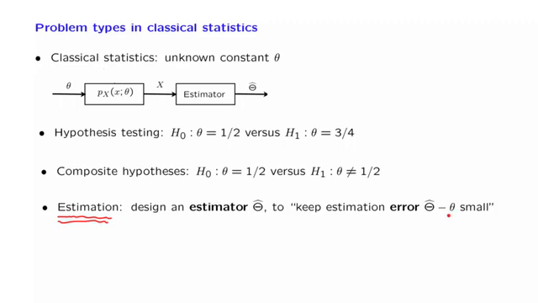Well, one may need a criterion of what it means to be small and whether we want this in expectation or with high probability and so on. This statement, to keep the estimation error small, can be interpreted in various ways, and because of that reason there is no single approach to the problem of designing a good estimator.